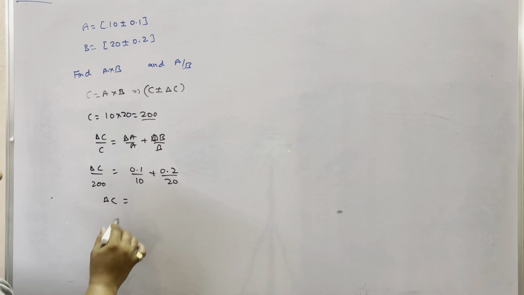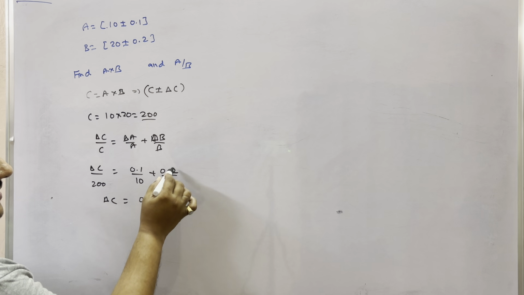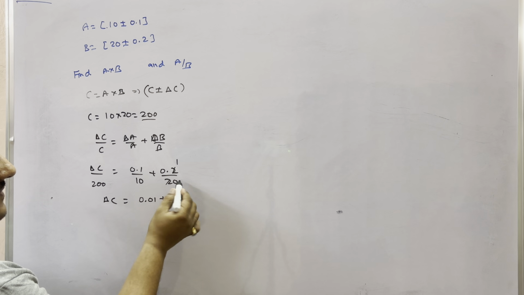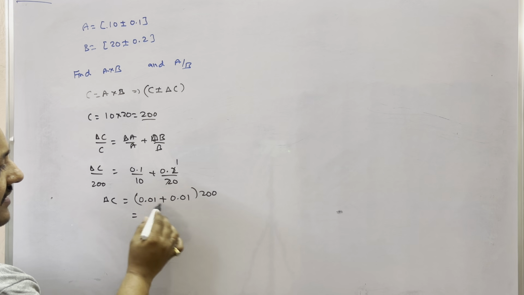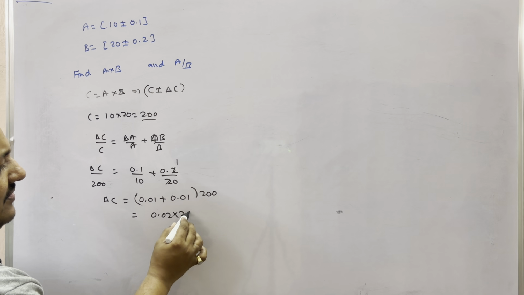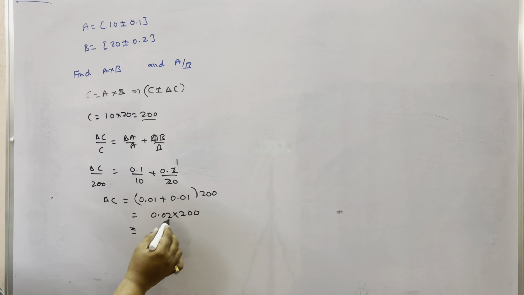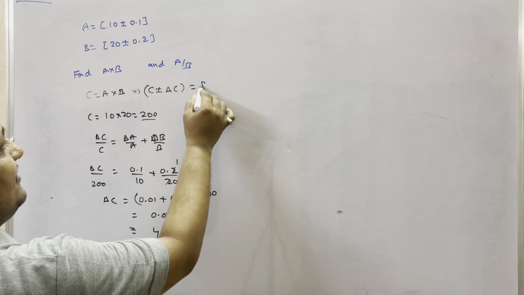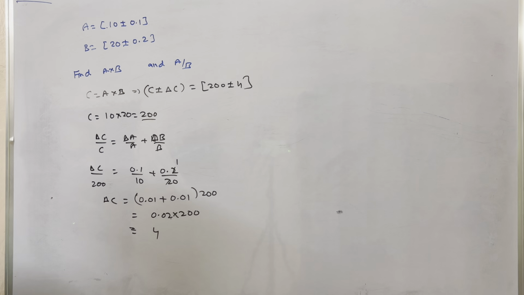Now delta C is equal to 0.1 by 10, 0.01, plus 0.02, into 200. So you can calculate this: 2 2s are 4. Delta C value is 4, isn't it? Now finally we write the C value: 200 plus or minus 4. Correct?